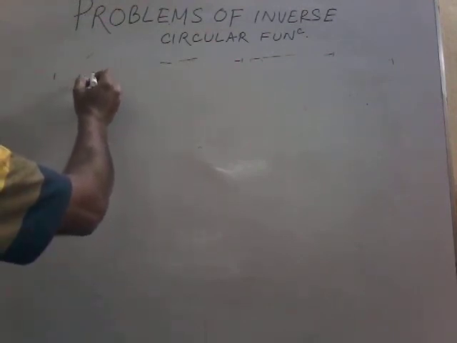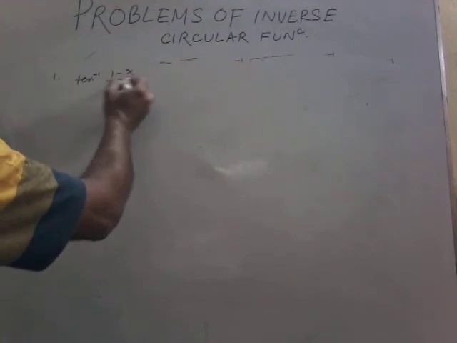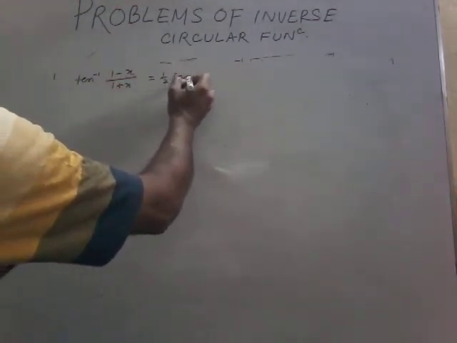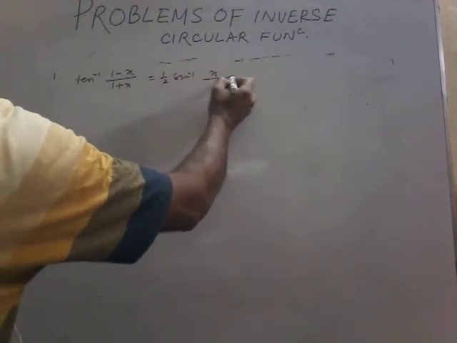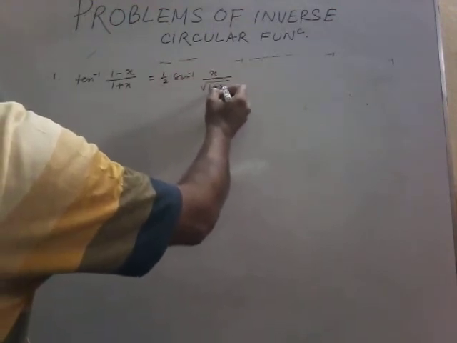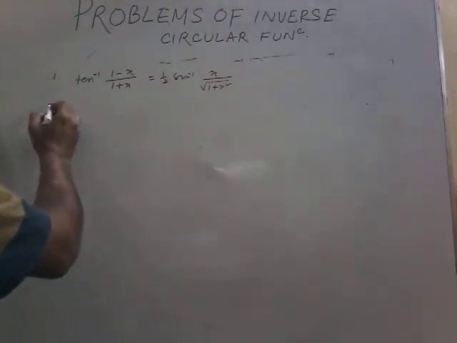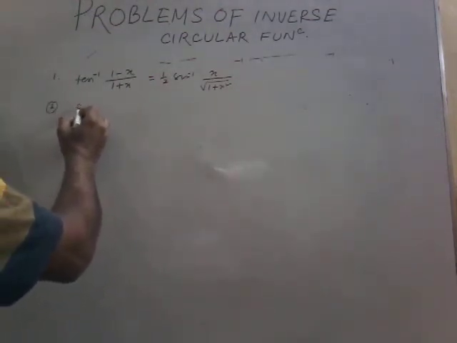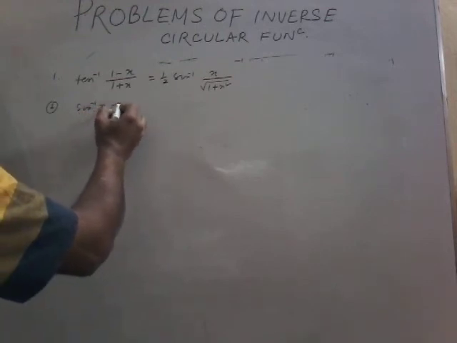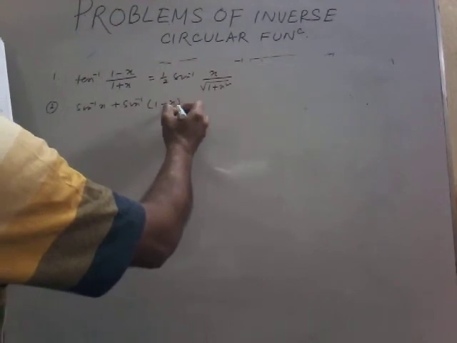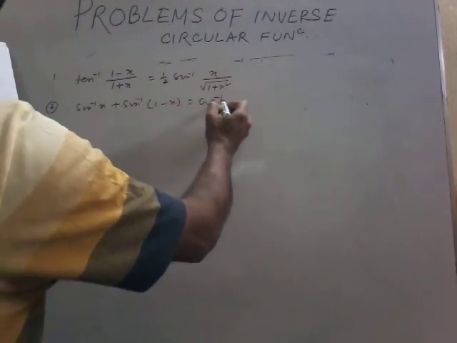Tan inverse of (1 minus x)/(1 plus x) equals half sine inverse of x by 1 plus x square. Number 2: sine inverse x plus sine inverse (1 minus x) equals cos inverse x.